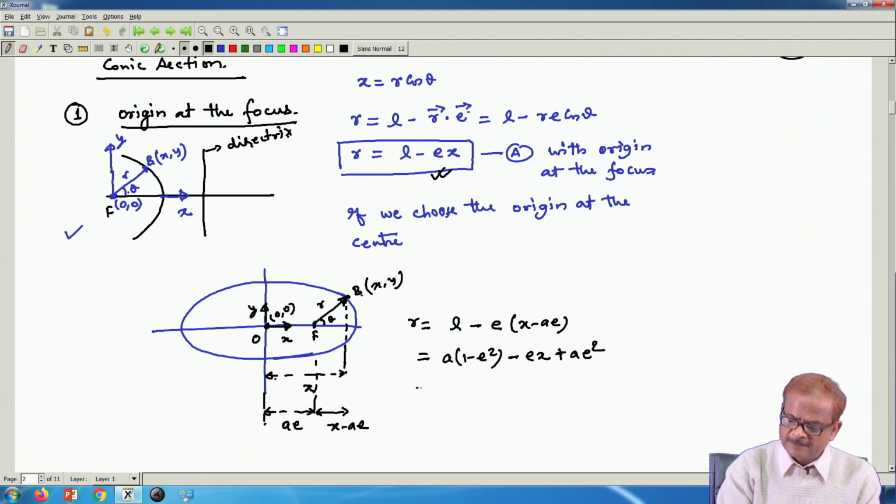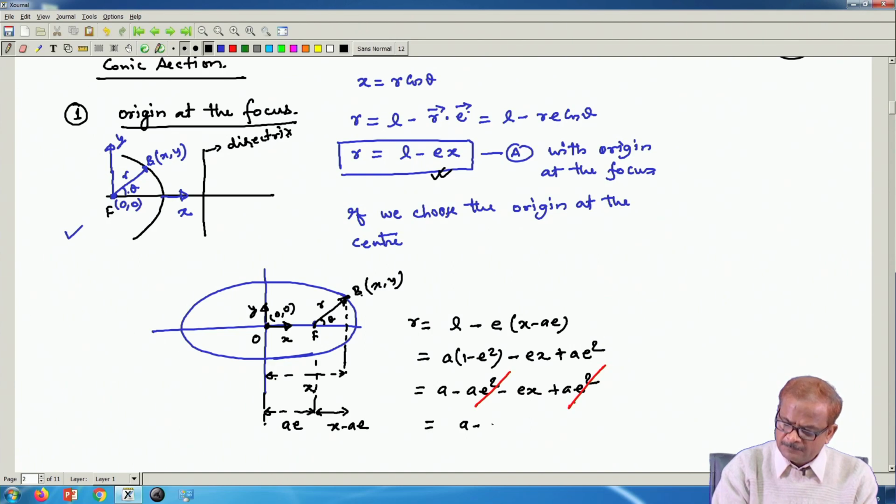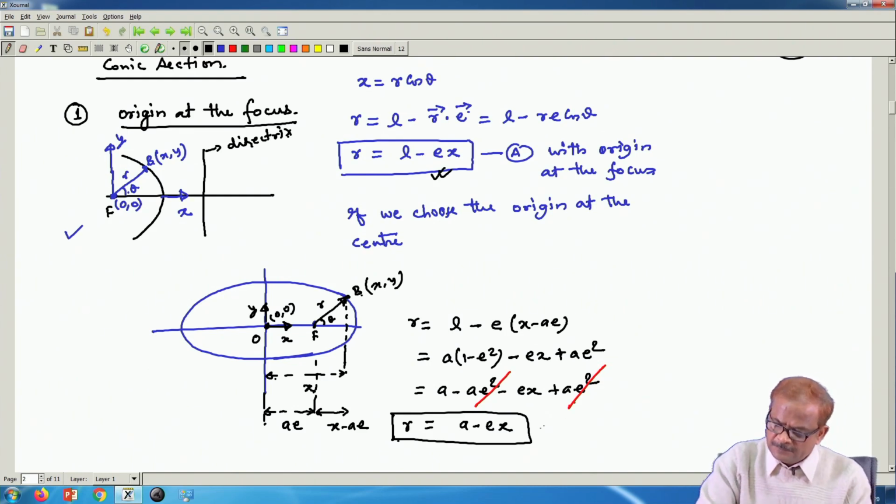If we expand and write it like this, so this becomes a times (1 minus e squared) minus e x plus a e squared. These two terms cancel out, and what we get here is a minus e x. So, this is the description with origin at the center.